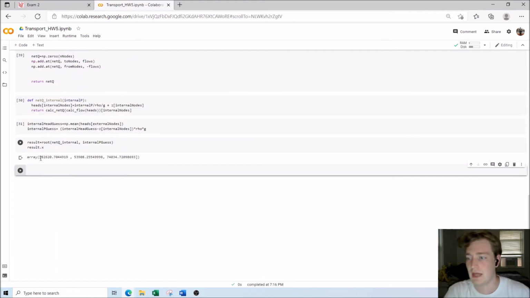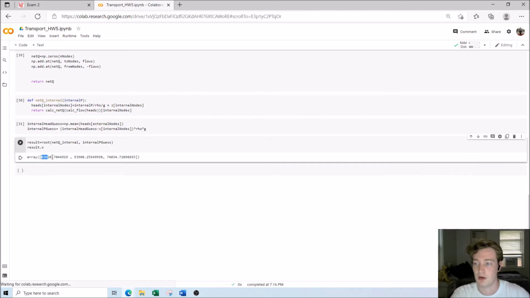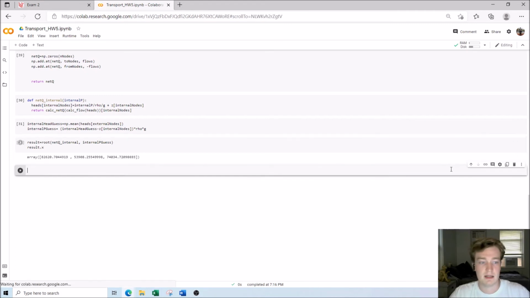And there we go. That right there gives us the pressure at 1, the pressure at 2, and the pressure at 3 for nodes 1, 2, and 3. So let us go and start displaying the information in a way that is readable.